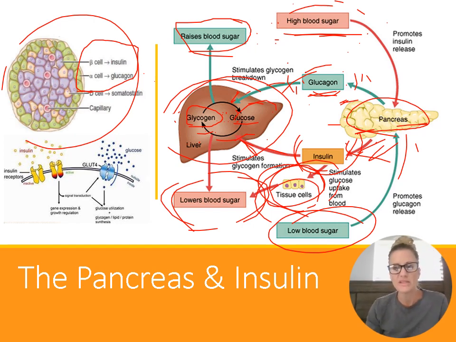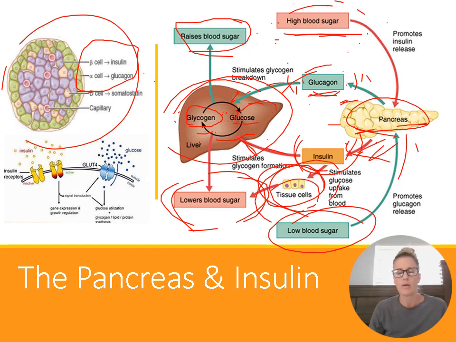Now, when we talk about diabetes, diabetes is a heterogeneous group of diseases or syndromes that are associated with hyperglycemia.